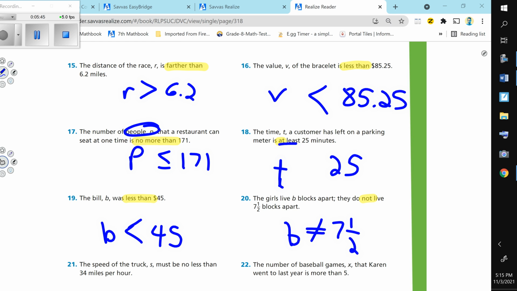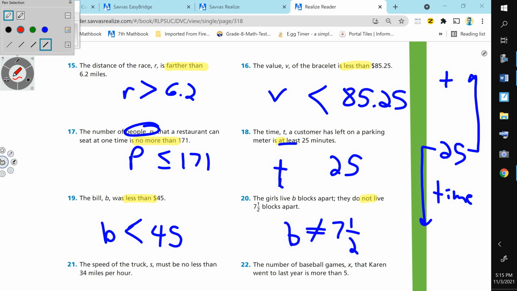When you think of it as time, either time is going to be 25 and above, or it's going to be 25 and below. But it says time is at least. Think of it this way: the lowest it can be is 25, but it's not going to go lower. At least means you can go all the way up.